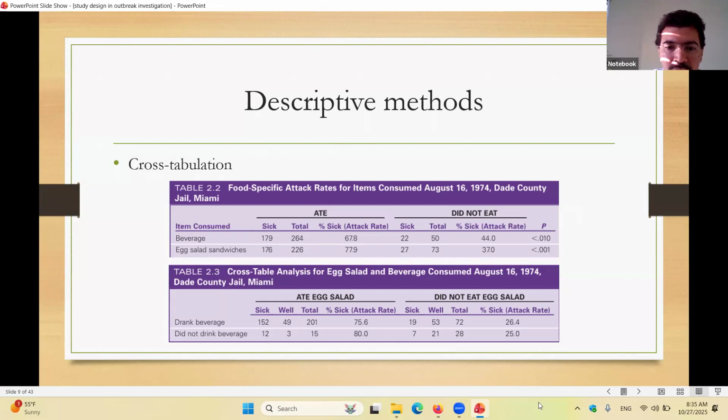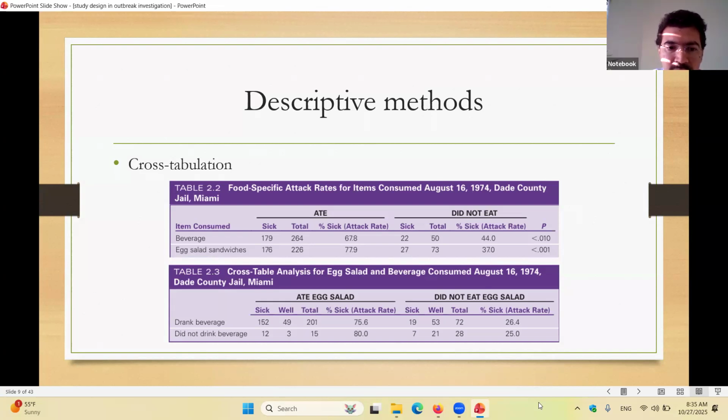For example, for beverage, the attack rate is 67.8%, and for egg salad, the attack rate is 77.9%. So we want to differentiate between beverage and egg salad and to find which one of them is the source of this outbreak.